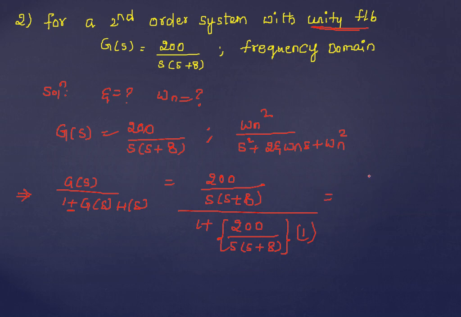So solve the equation. Here we are having 200 by S into S plus 8 by S into S plus 8 plus 200 by S into S plus 8.